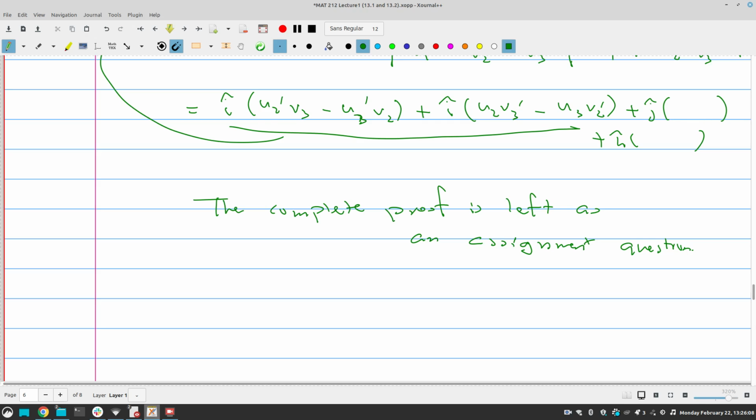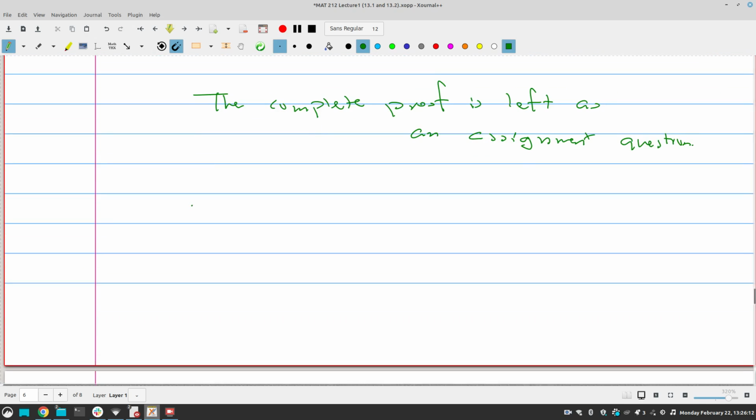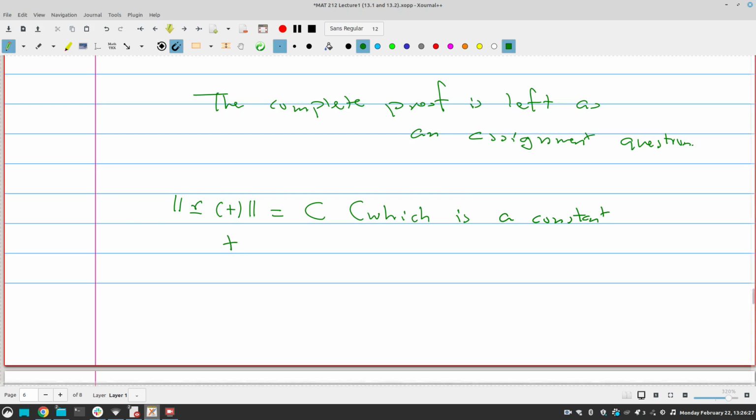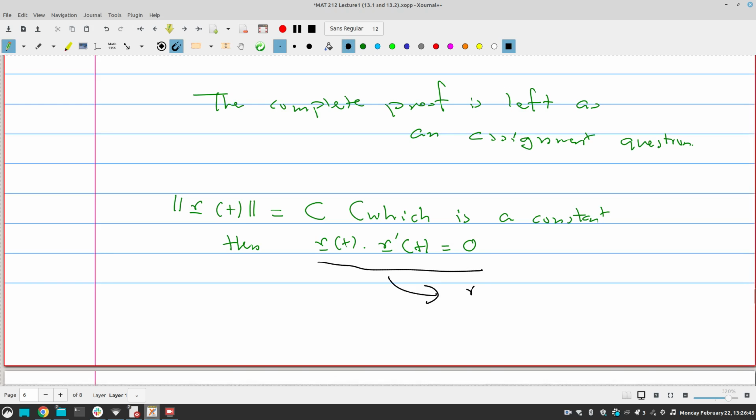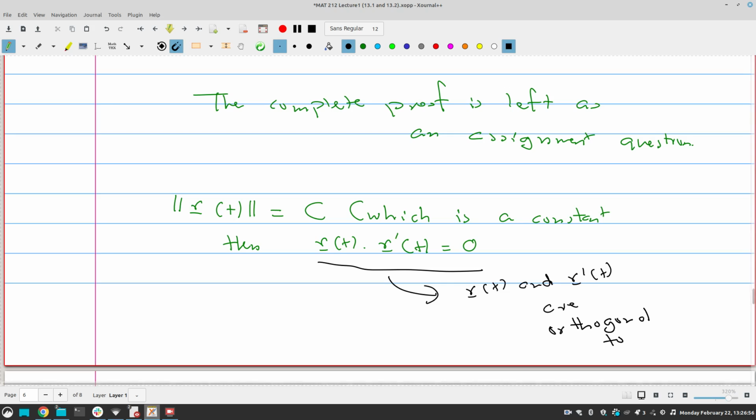If the magnitude of a vector function r of t is a constant c, then r prime t dot r t is equal to 0, meaning that r t and r prime t are orthogonal to each other.